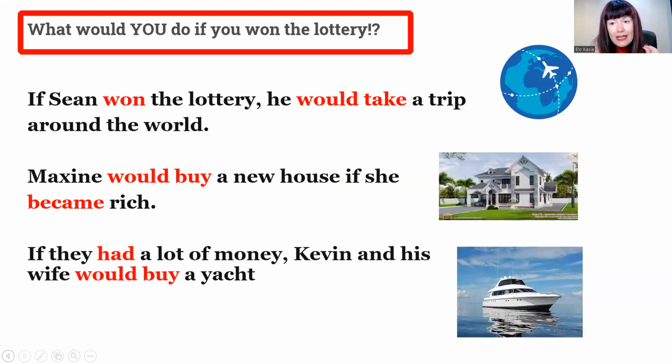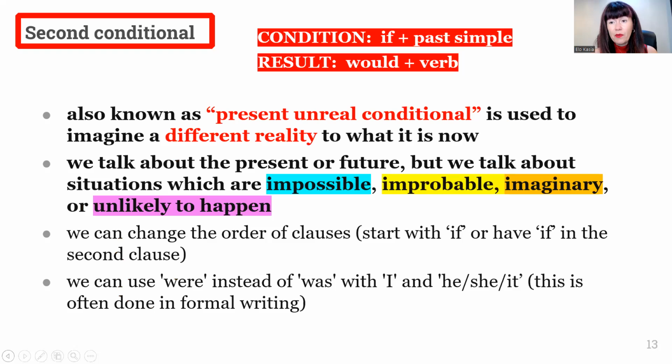So the best way to remember it is that you cannot have future or a modal verb expressing some sort of future after if. So you always have to have the past form of a verb. So we can change the order of clauses, so you can start with if, or you can have if in the middle of your sentence, at the beginning of the second clause.